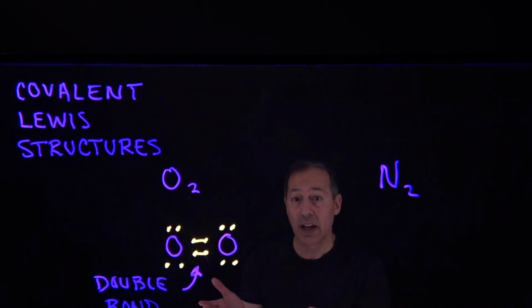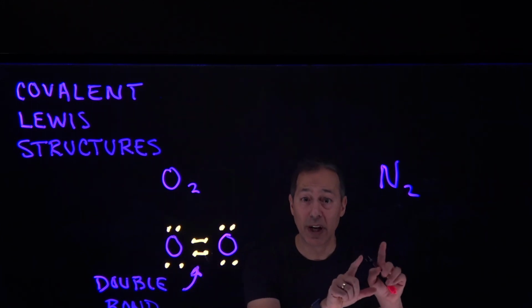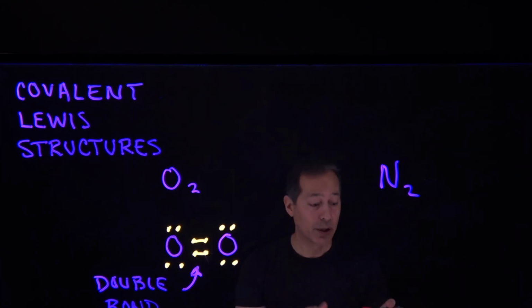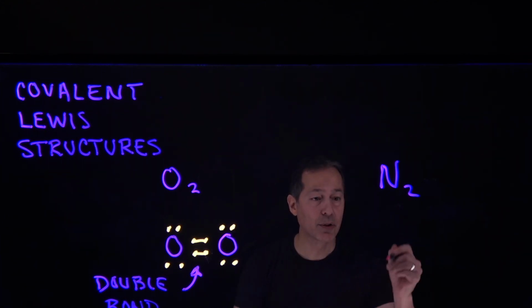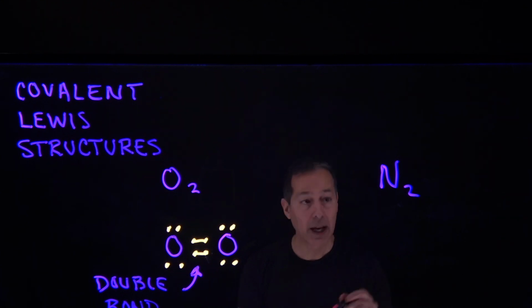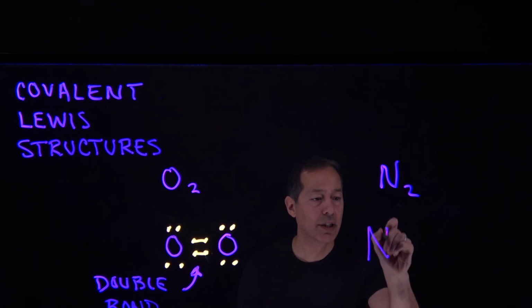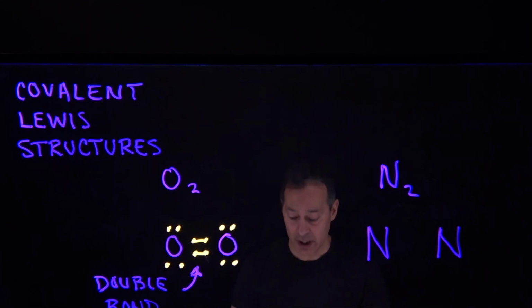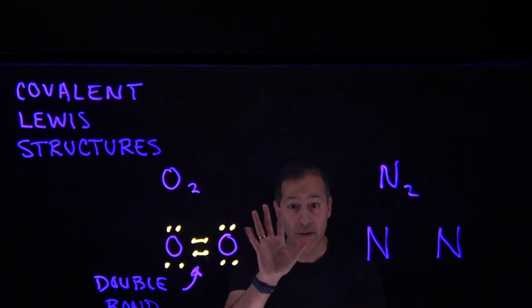Now that we've seen a double bond between two oxygen atoms, let's see what happens with nitrogen. Nitrogen is a diatomic molecule. It's going to have 2 nitrogen atoms. So I'm just going to put my 2 nitrogen atoms here, nitrogen and nitrogen like that. And I look at my periodic table to figure out how many valence electrons I have, and each nitrogen will have 5.